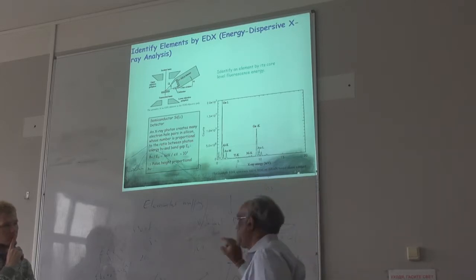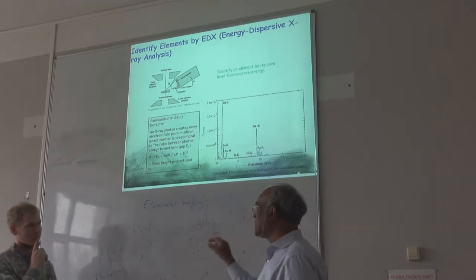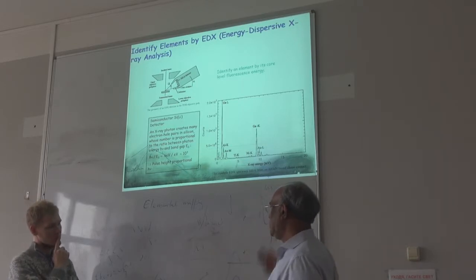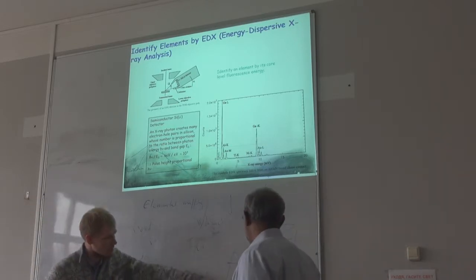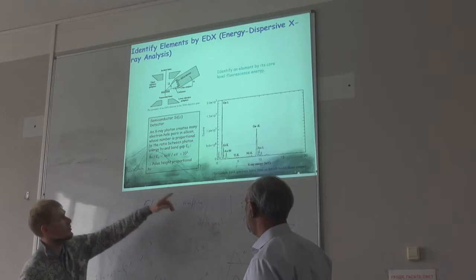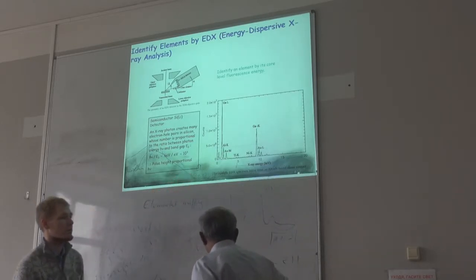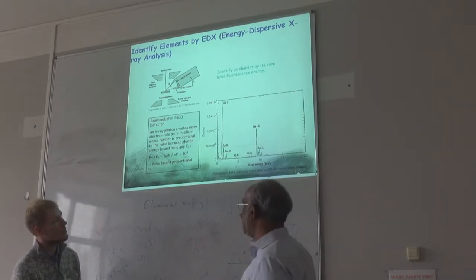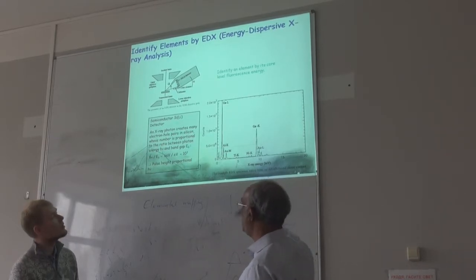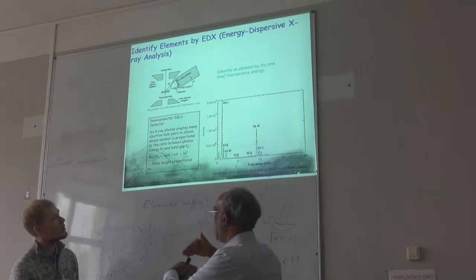Then this is fed to something called the scalar. And you need to have many levels? No, you only have to define two energies. Between those two energies, because these all come in the same energy range.